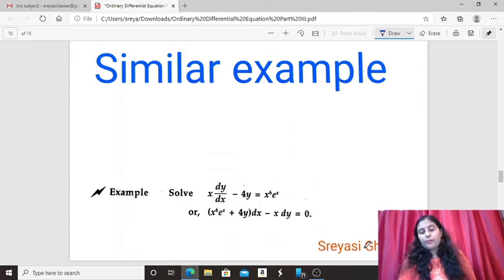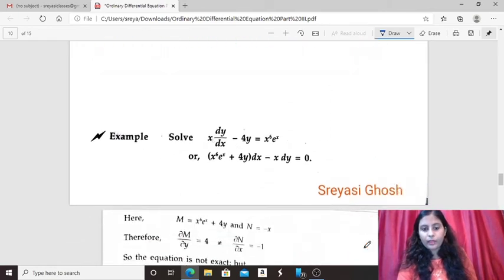And after calculating del m del y minus del n del x into 1 by n, we will find that it is wholly a function of x only. So considering e to the power integration f(x) dx as the integrating factor, we can simplify this.